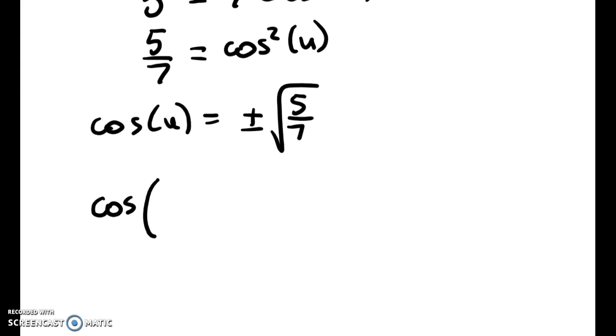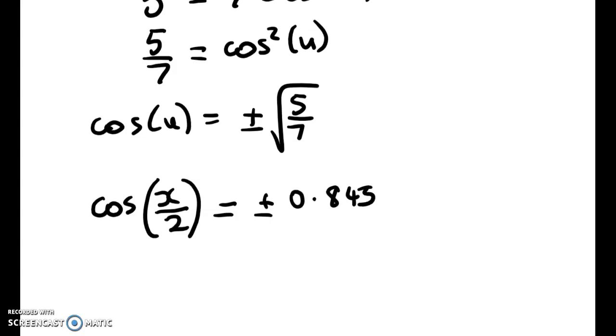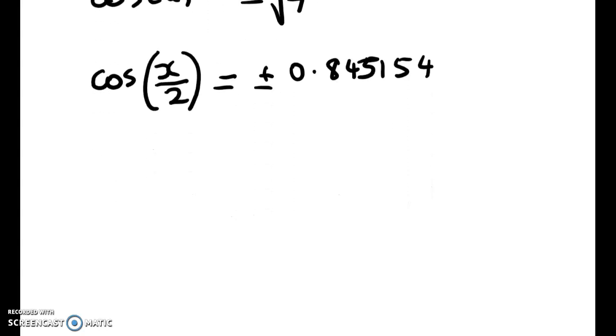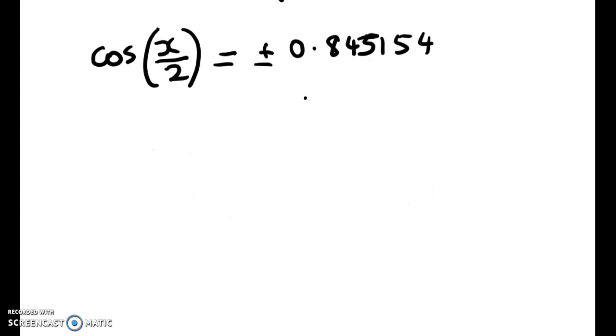And now it's time to substitute back for u, so replace that back with x over 2, and we get cos of x over 2 is equal to positive or negative 0.845154. We're going to work each of these through to get 2 different general solutions equations. So first let's work with this one.